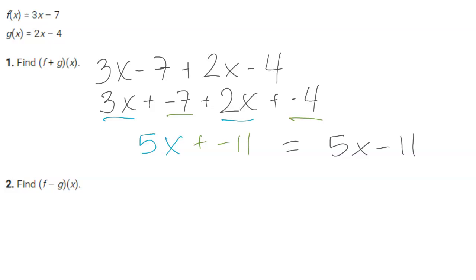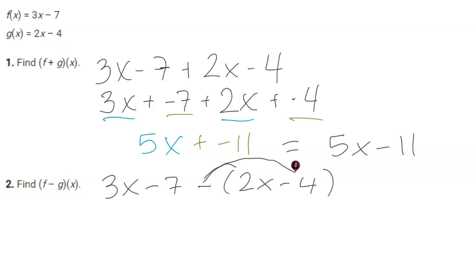Let's try the same two functions, but this time subtracted. So that's going to be 3x minus 7. And we're going to subtract our g of x, which is 2x minus 4. Now I'm putting that in parentheses because we do need to distribute this minus to both of the terms in the second function.